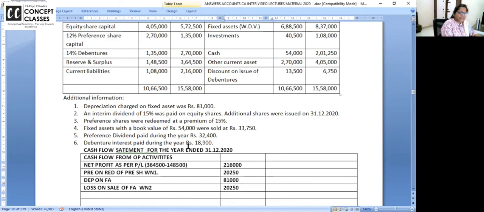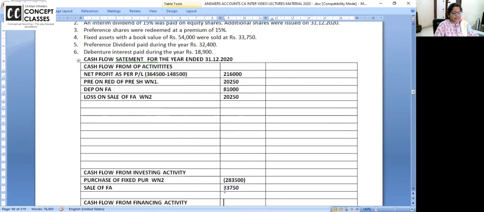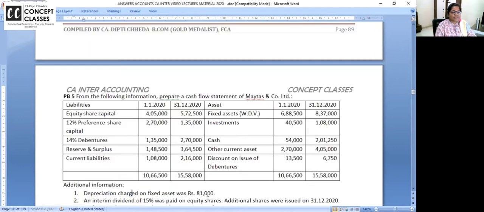Increase is purchase of investment, 1,08,000 minus 40,500, 67,500. 67,500 is the purchase of investment. Super.